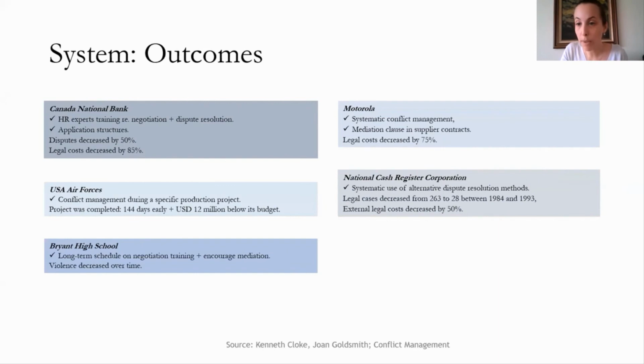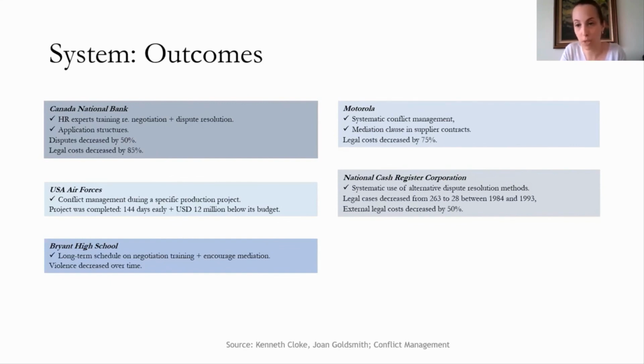It was also implemented in a high school. It's a high school in which violence is a big problem. They established a long-term schedule, and they trained the students on negotiation, and they encouraged mediation between the students, and they report that the violence decreased over time.